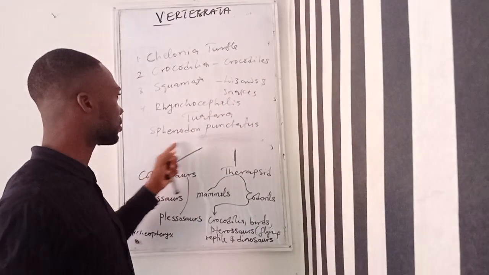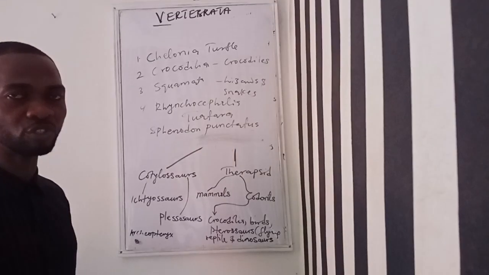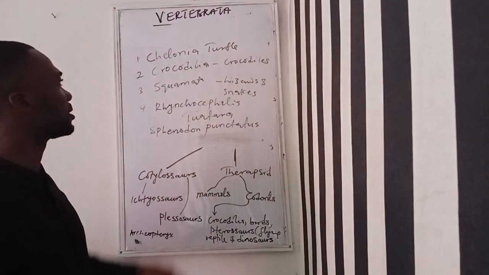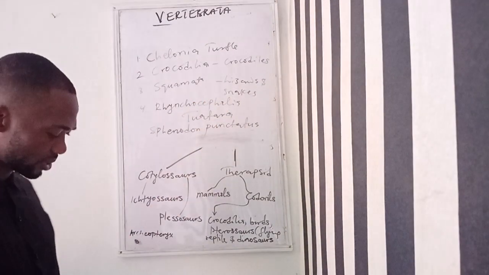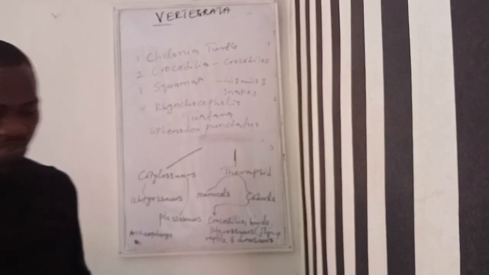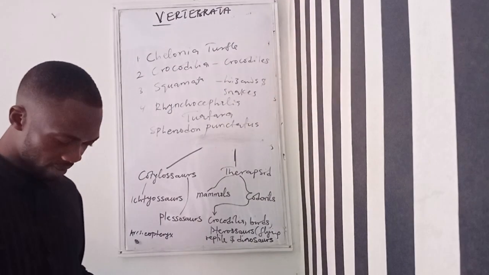The only surviving species of this Tuatara, which is an order of rhynchocephalia, is Sphenodon punctatus, not punctata. There's a mistake some people make in writing it. It's not Sphenodon punctata, but Sphenodon punctatus. That is the surviving species of this Tuatara, which is an example of a rhynchocephalia. Then the squamata have lizard as name. So these are the orders of reptiles.